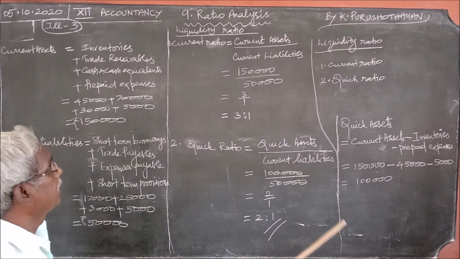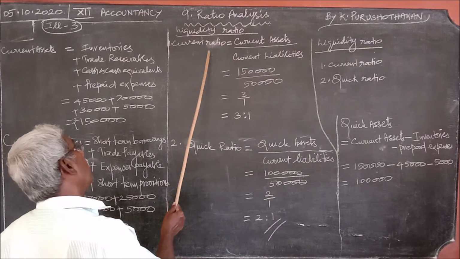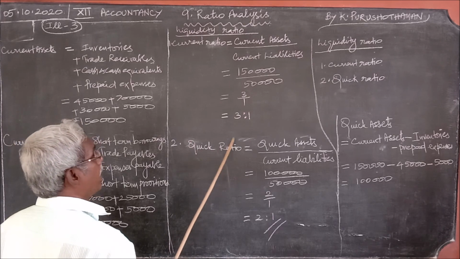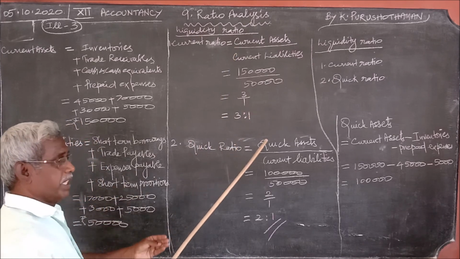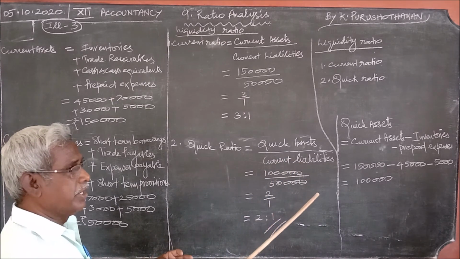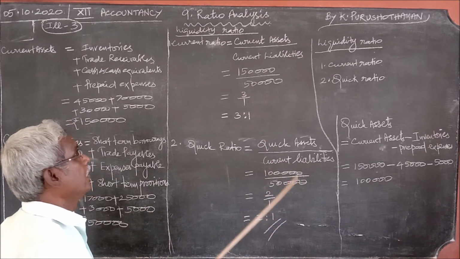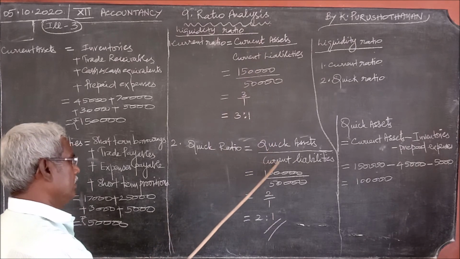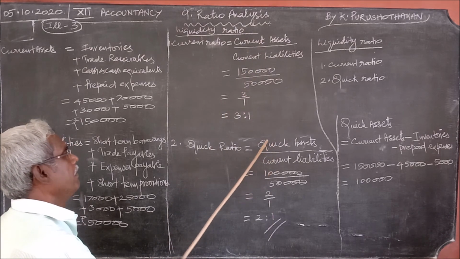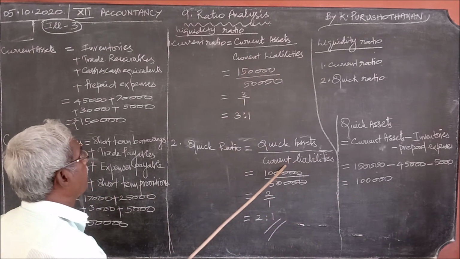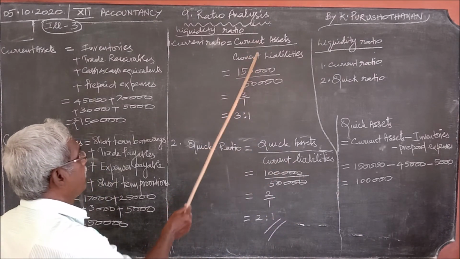Not only that, you should know the formula to find the current ratio and quick ratio. Current ratio is current assets by current liabilities. Quick ratio is quick assets by current liabilities. Totally, we need to find the answer for 3 because the denominator is the same: current assets, current liabilities, quick assets.